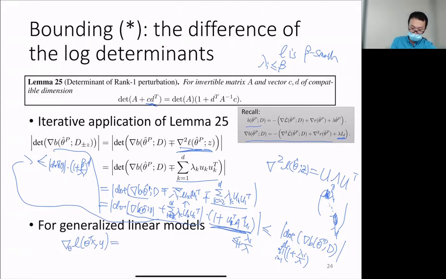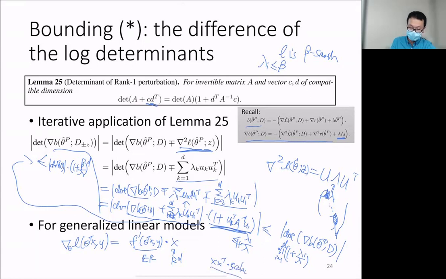By the chain rule, this is equal to f prime of theta transpose x, y, multiplied with x, where the first is a scalar and x is a vector in R to the D. To say it differently, when we take the second derivative, we get xx transpose multiplied with a scalar.